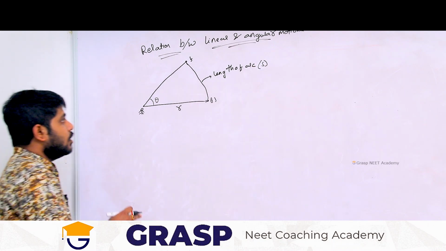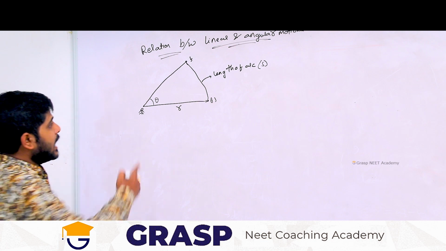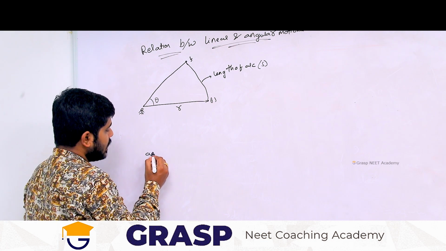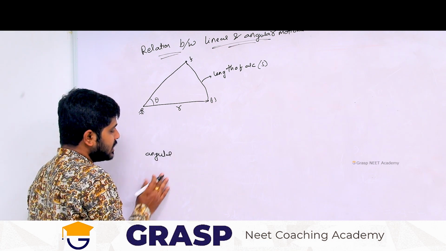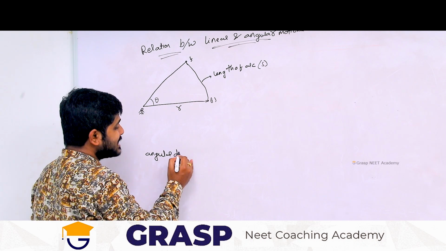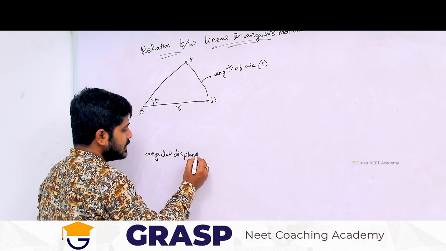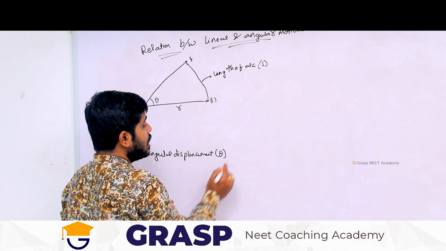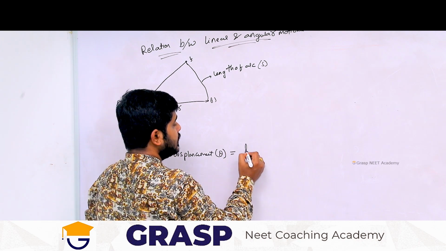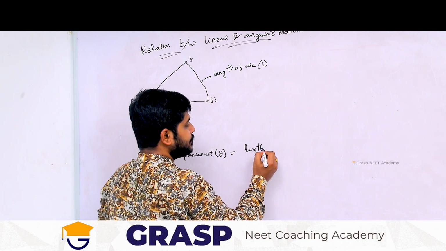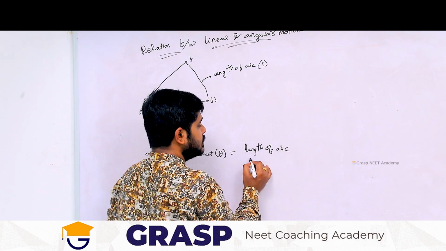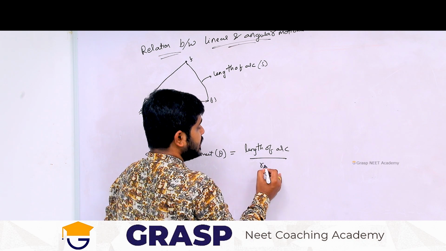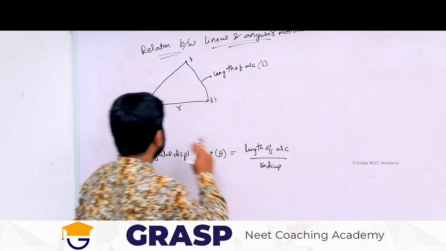Now if you take the angular displacement, according to the mathematical relation, angular displacement theta is equal to the arc length divided by the radius.